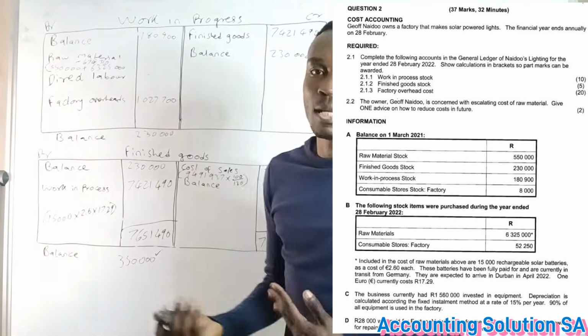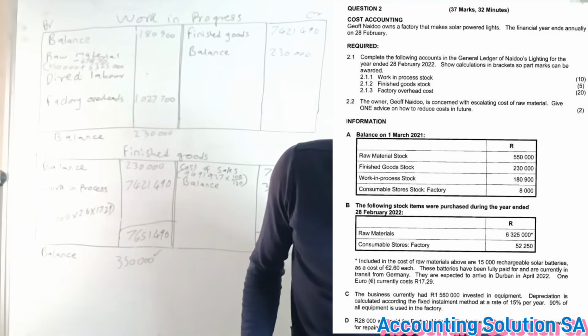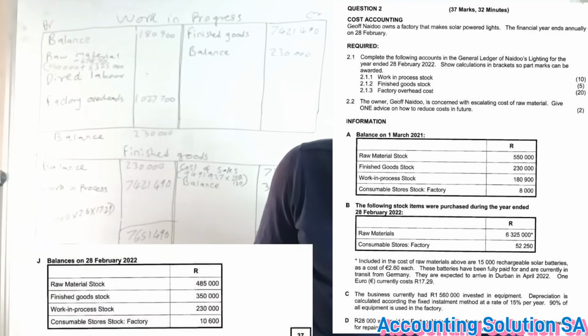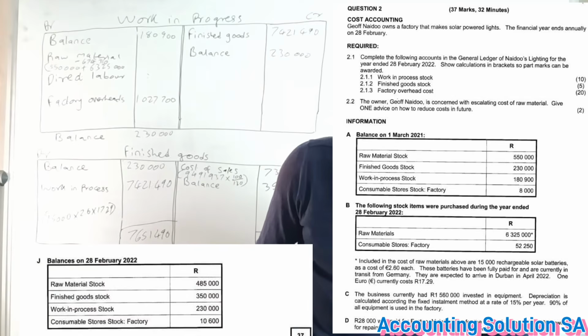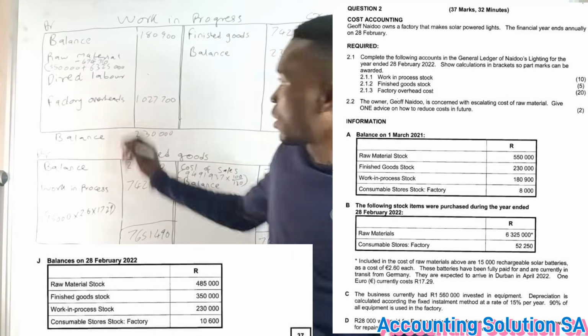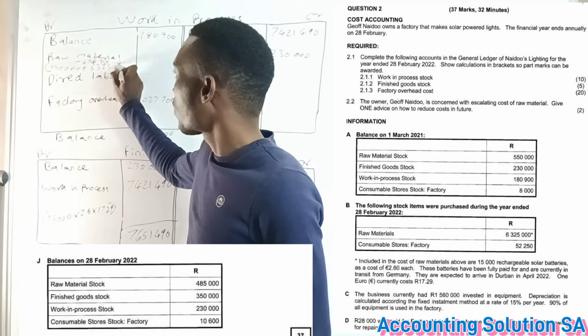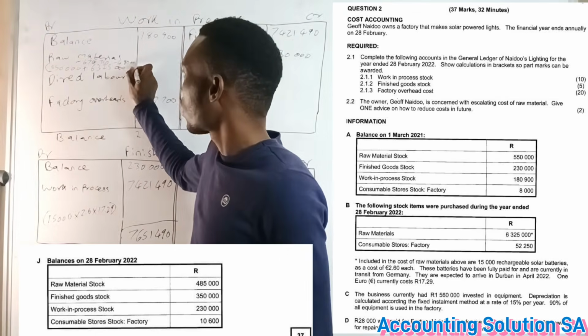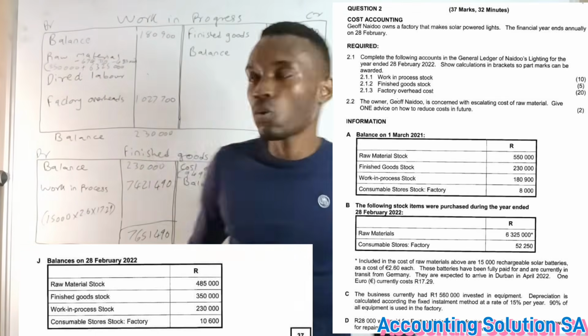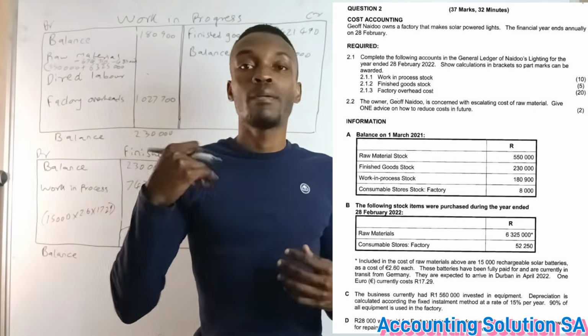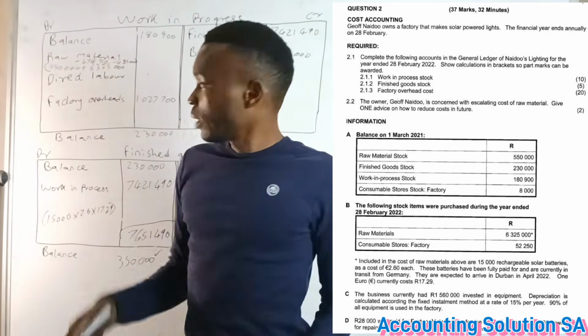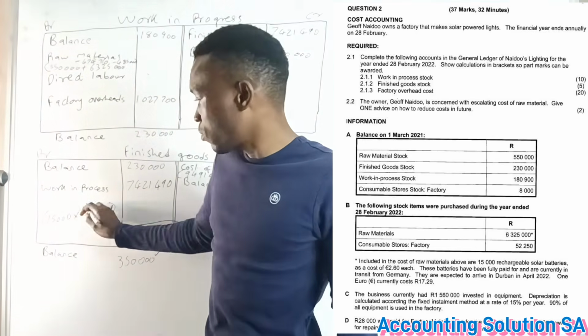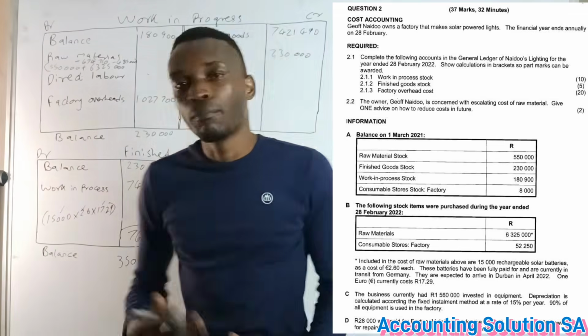Then after that, the last one, of course, we have to subtract the closing balance, which is 485,000. You have to make sure that you show all this calculation because you are going to earn marks for each amount. Even to show this calculation, you also have to make sure that you show them, please.